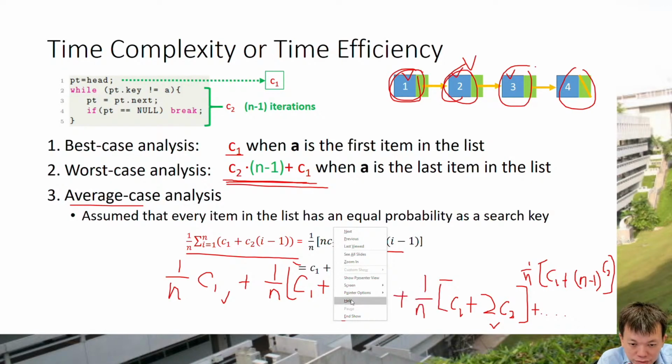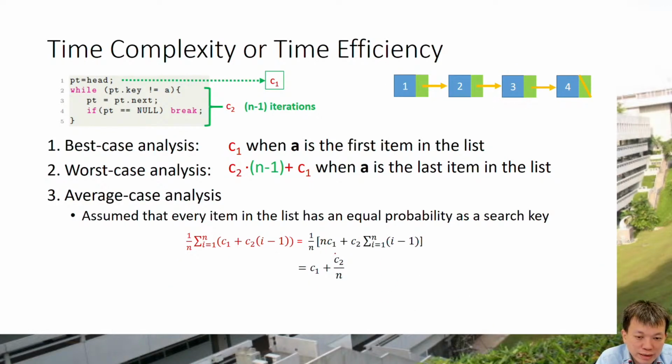Okay, so this part is 1 over n times n C1, so you cancel. Then this one is C2 over n, times the summation of this thing. The first term is 0. The last term is n minus 1.